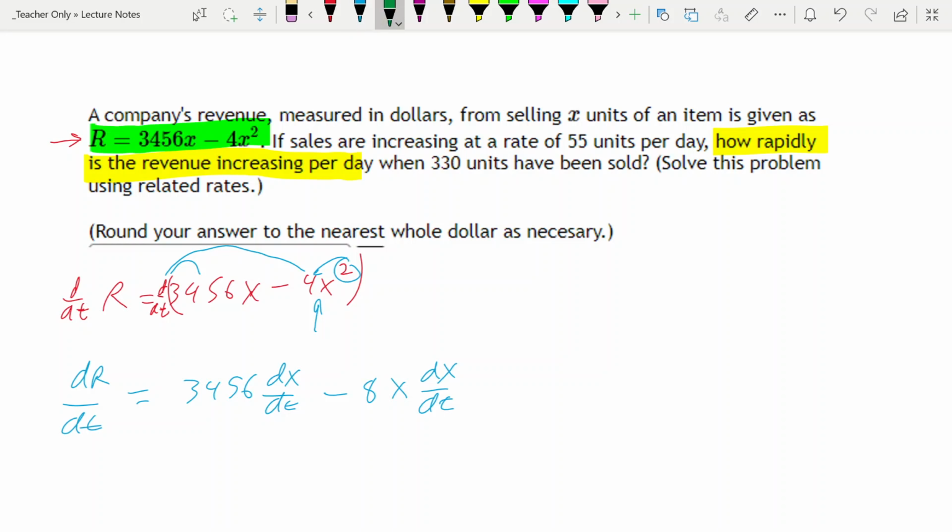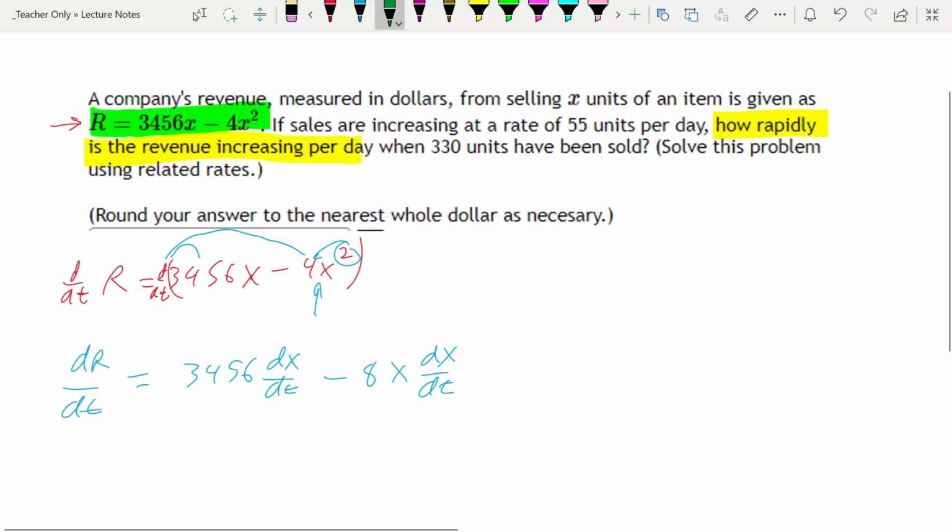Now, with word problems comes meaning. We ask, what does each of these things mean? Whenever we see a dx/dt, we think change. So dx/dt is the change in what? What does x represent? Well, x is the number of units that we're selling.